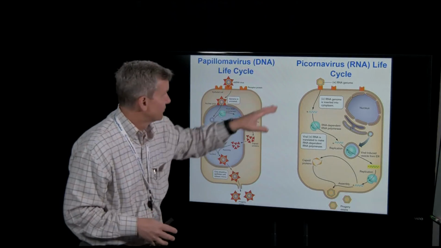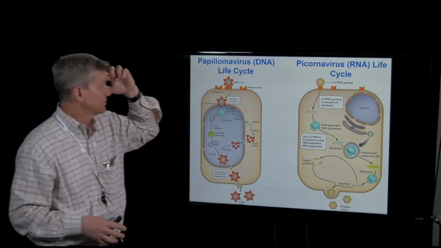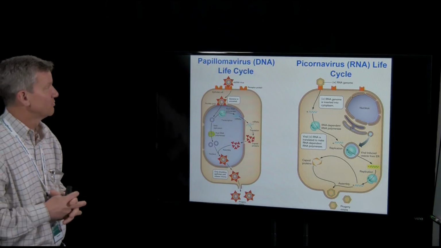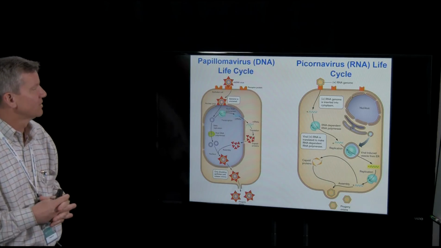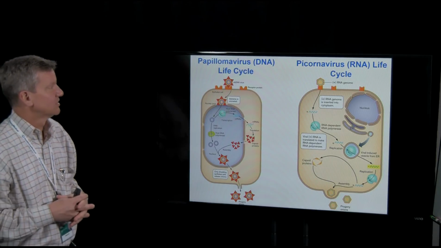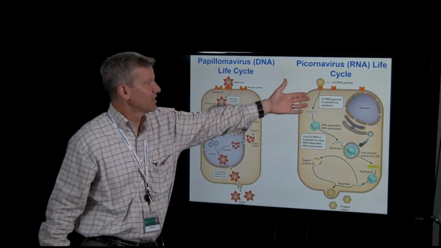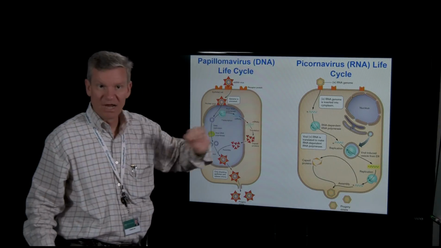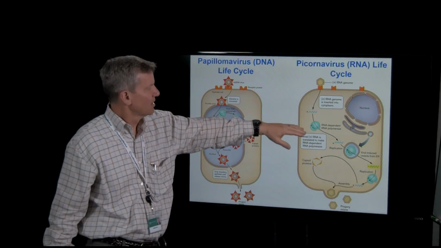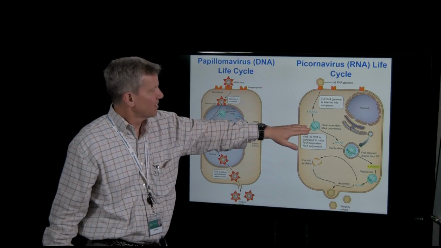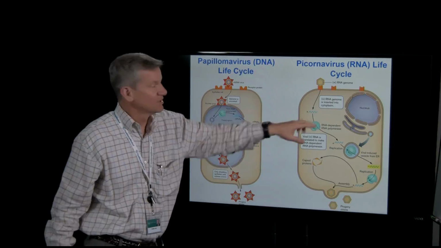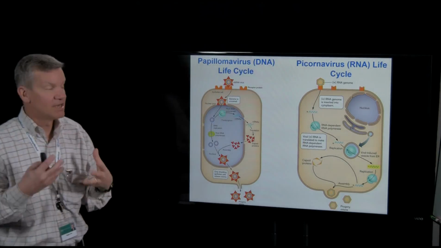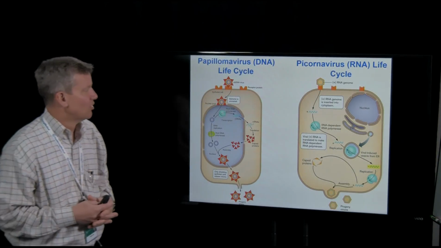So here's an example of picornavirus, which is poliovirus, a member of the Picornaviridae family. That is a positive sense RNA genome. We've already kind of been over this, so positive sense is RNA right out of the box. The first thing that's made from this positive sense RNA is an RNA-dependent RNA polymerase.